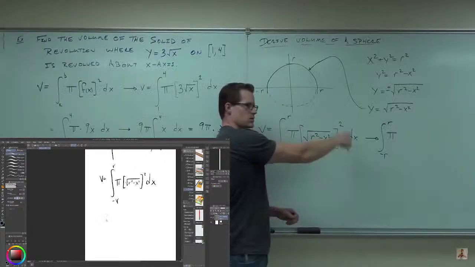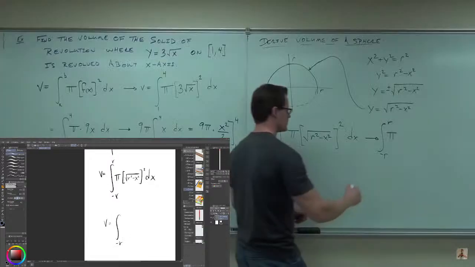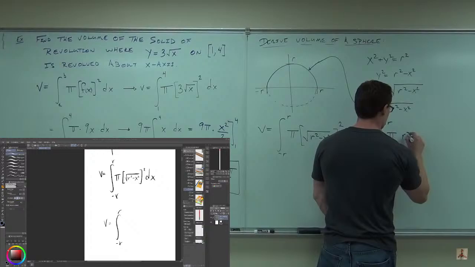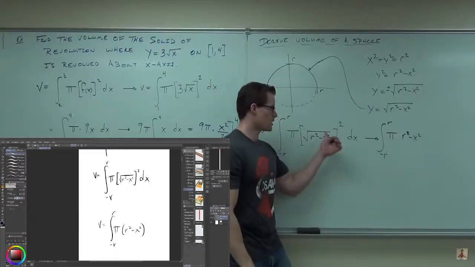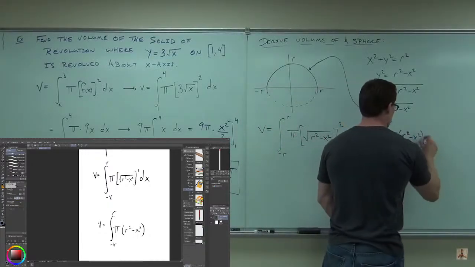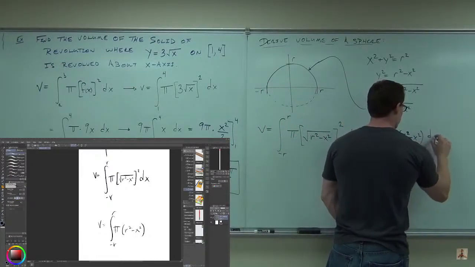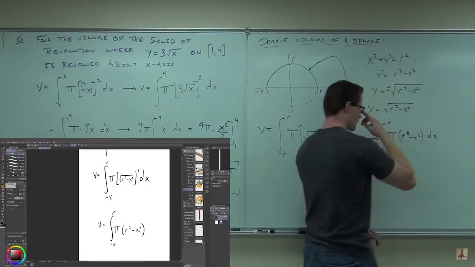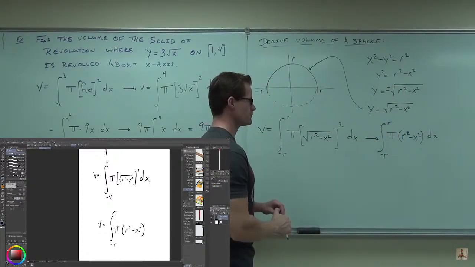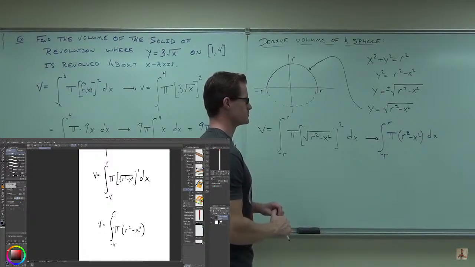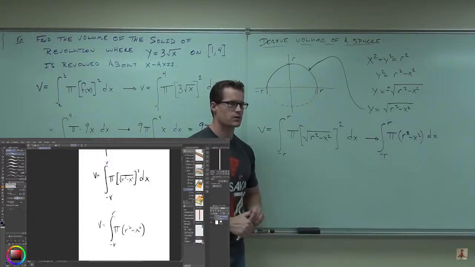Great. What happens here? Do I still need parentheses? I'm still multiplying by pi, so yes, I do. Still so far so good?